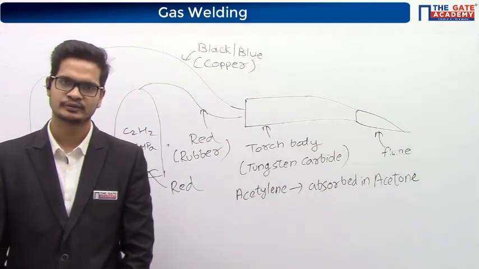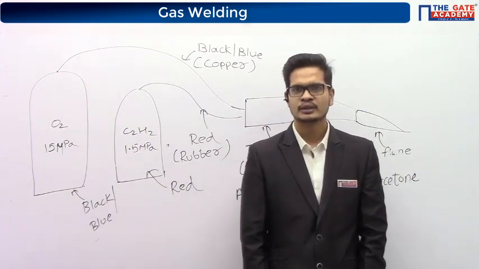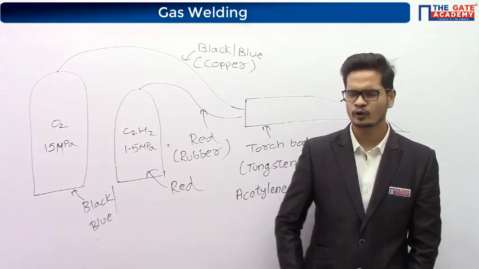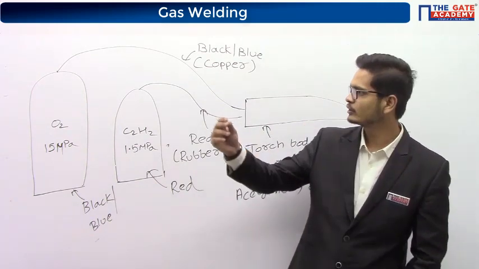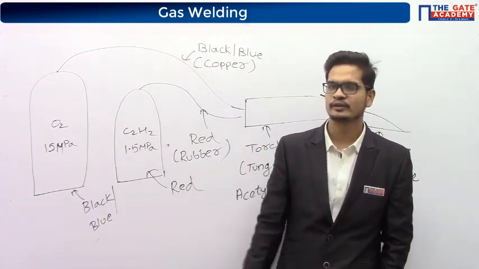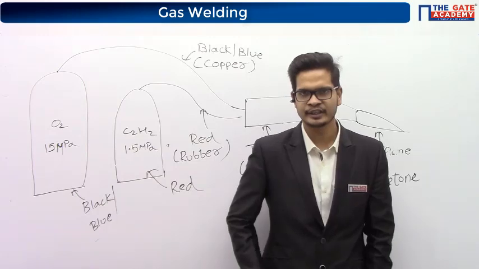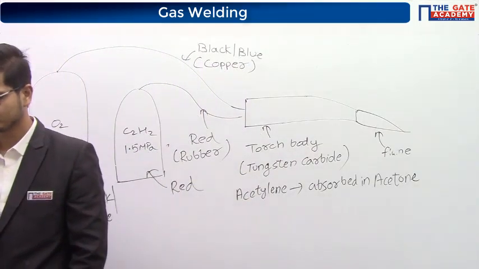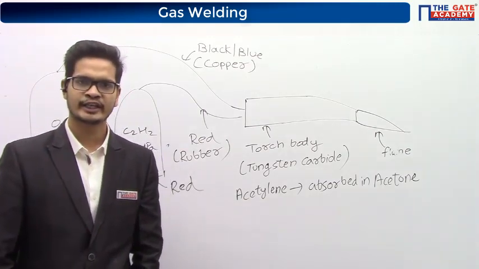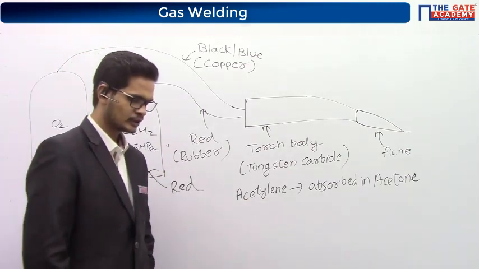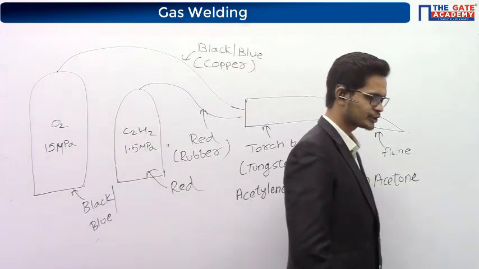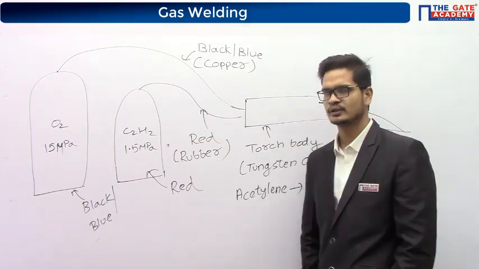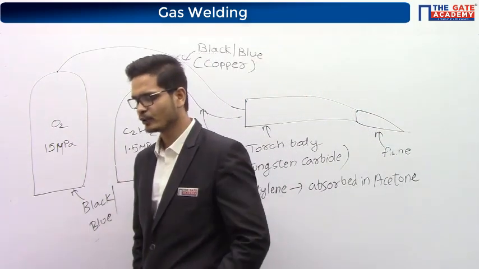Next point. Before this, please write down. To connect the oxygen cylinder to the torch body, copper hoses will be used.